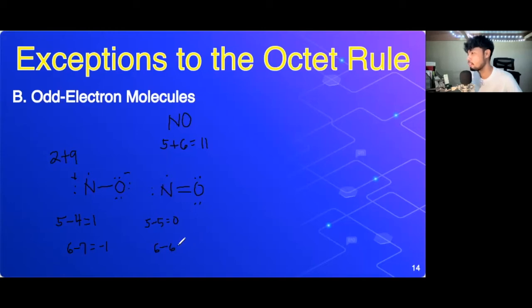So we have 0 formal charge for the oxygen atom. Between the two, this second Lewis structure is more plausible than the first because it has a 0 formal charge for both atoms.